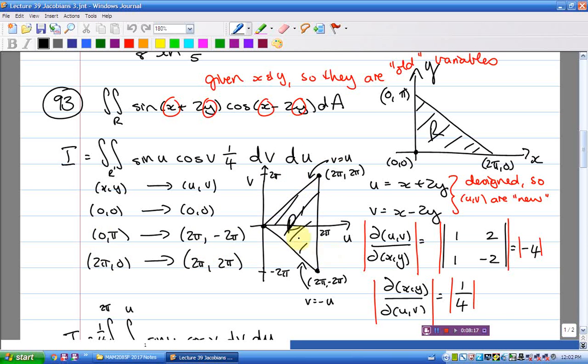It makes sense to do v first, because v goes from the one oblique line to the other oblique line. If we did u first, we'd have to split it up into the sum of 2 double integrals. Okay, so we need to work out the equation of this little oblique line and the equation of that one. Because we know the coordinates of the corners, we can work out that this is v equals u and this is v equals minus u.